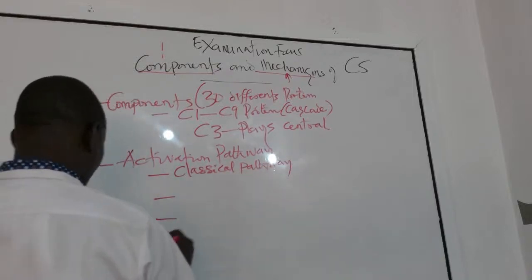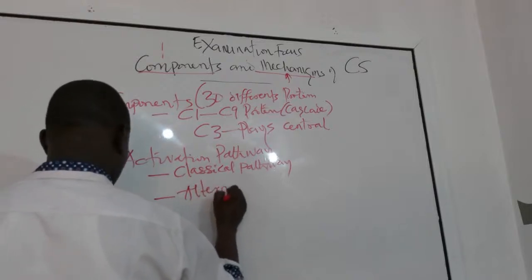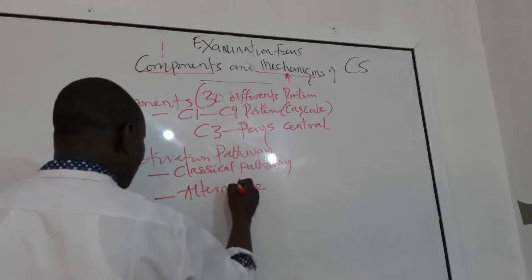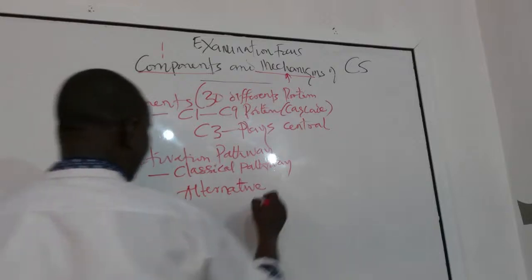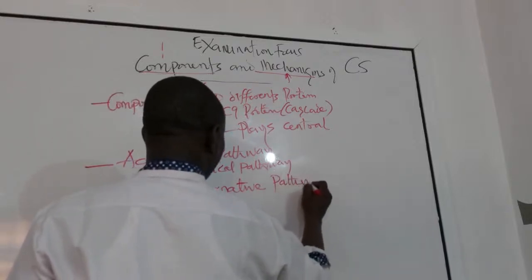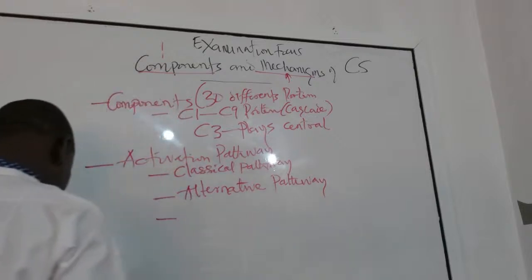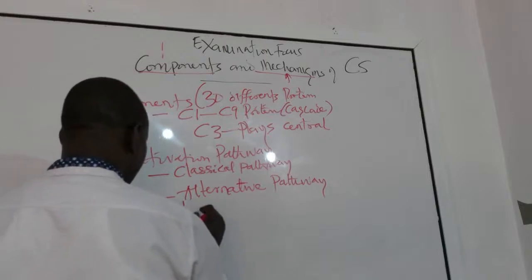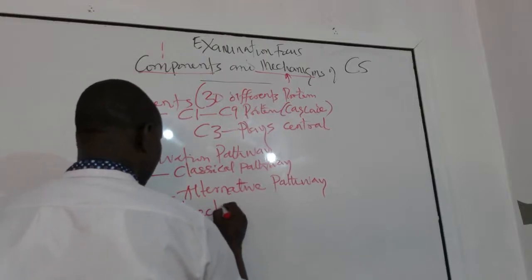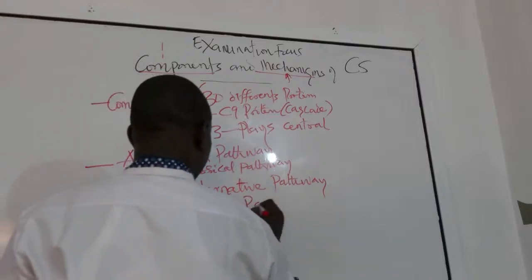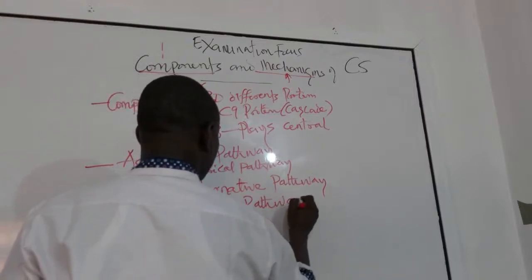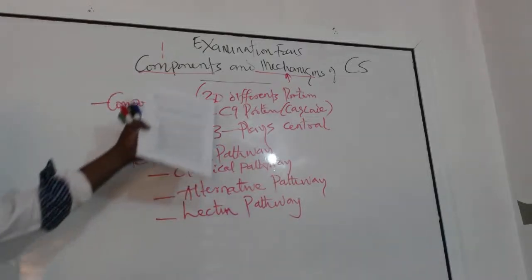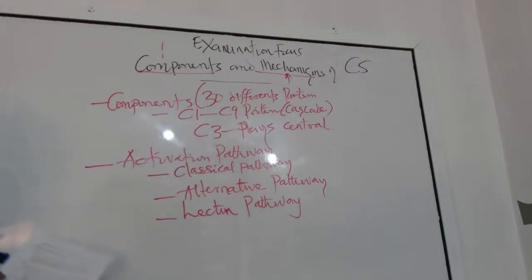The second one is called the alternative pathway, that is, if not the classical, what other way can this useful system be activated? Then the last one is the lectin pathway.